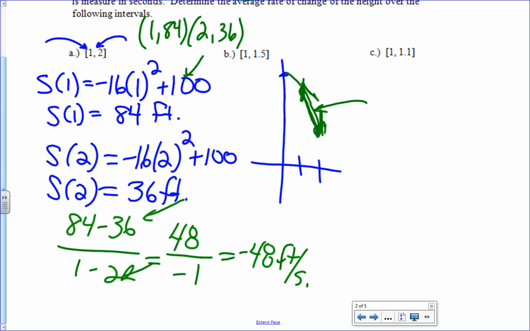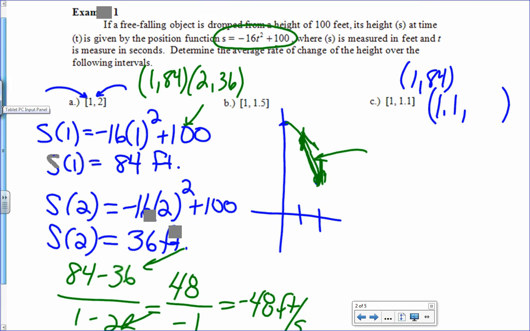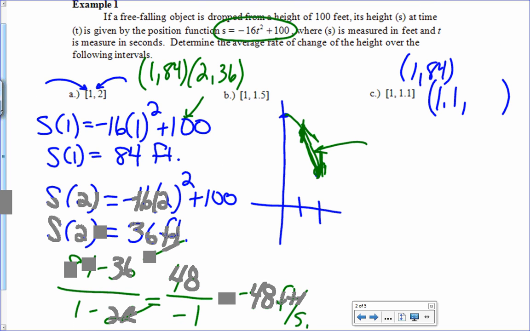I'm sure we could keep doing these, but should we just jump to C? I mean, that's really the same process. Should we just do that? All right. We'll just jump over to here. So we know it's 1 comma 84. We know that much. So what we really need to find out is at 1.1 comma what? So if I need the y value for 1.1, well, you substitute into the function that you have, which is right there.